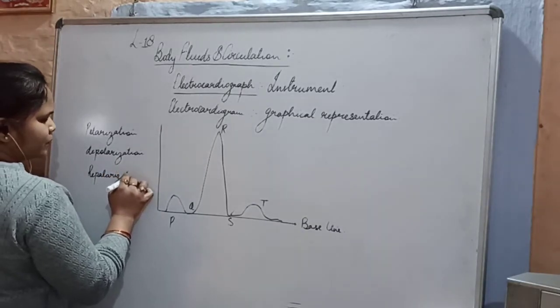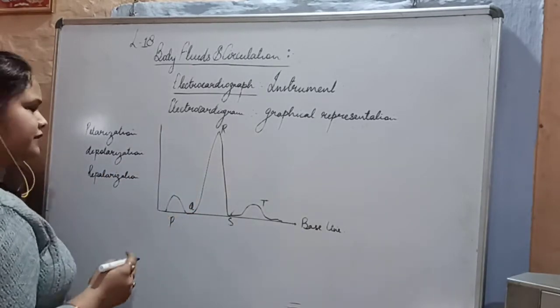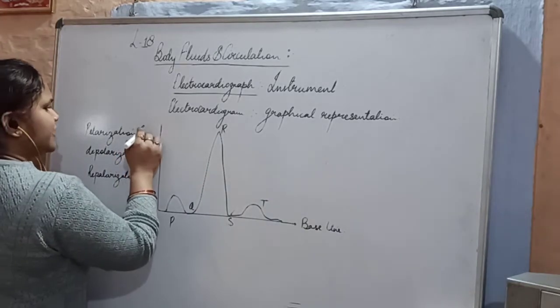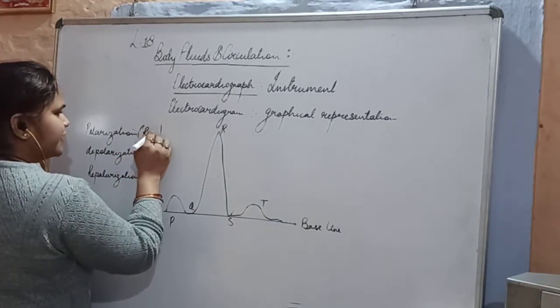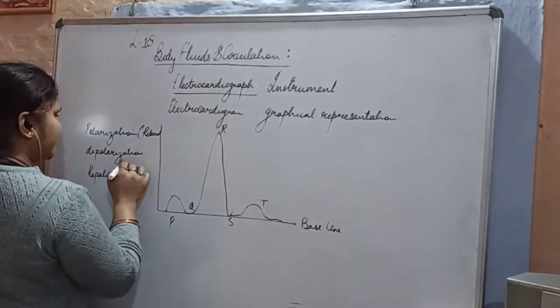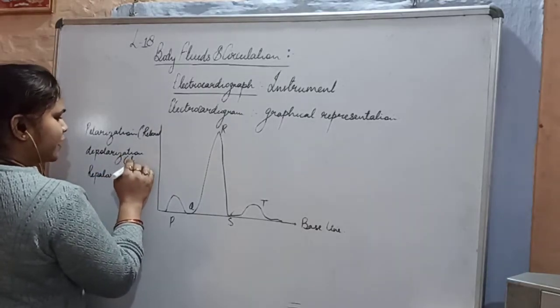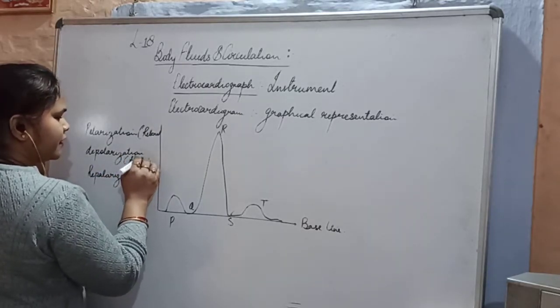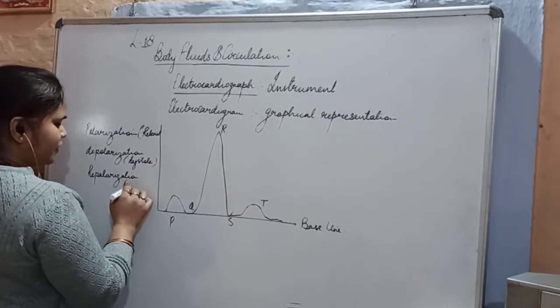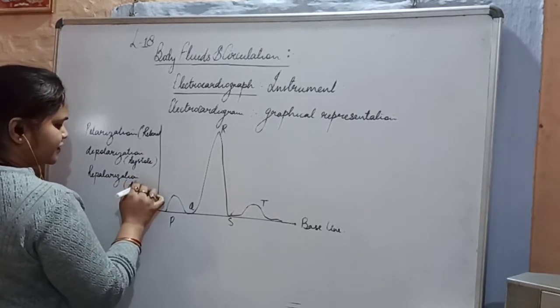These are the words we will deal with while studying this. Polarized means the relaxed state, the original state. Depolarized means the systolic state or the contraction, and repolarization means the diastolic state.